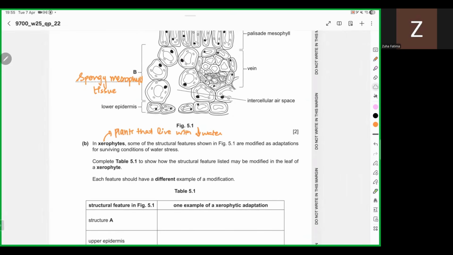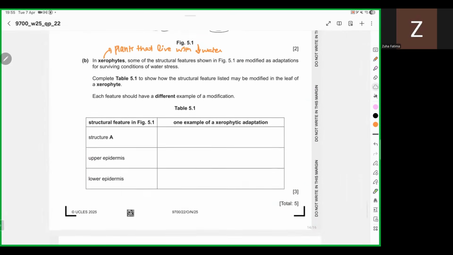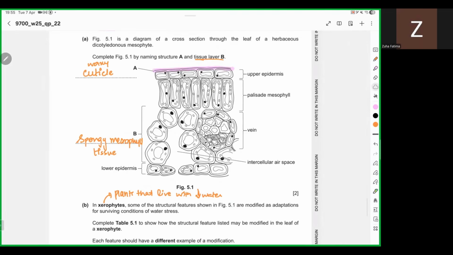Each feature should have a different example of a modification. Structure A, waxy cuticle. How is a waxy cuticle different in a xerophyte? Would it be the same or would it be different? And if different, then how?